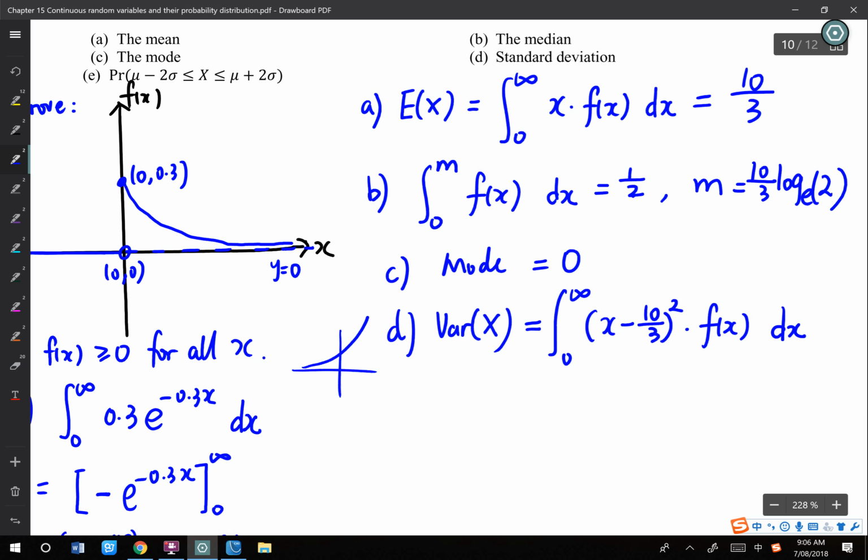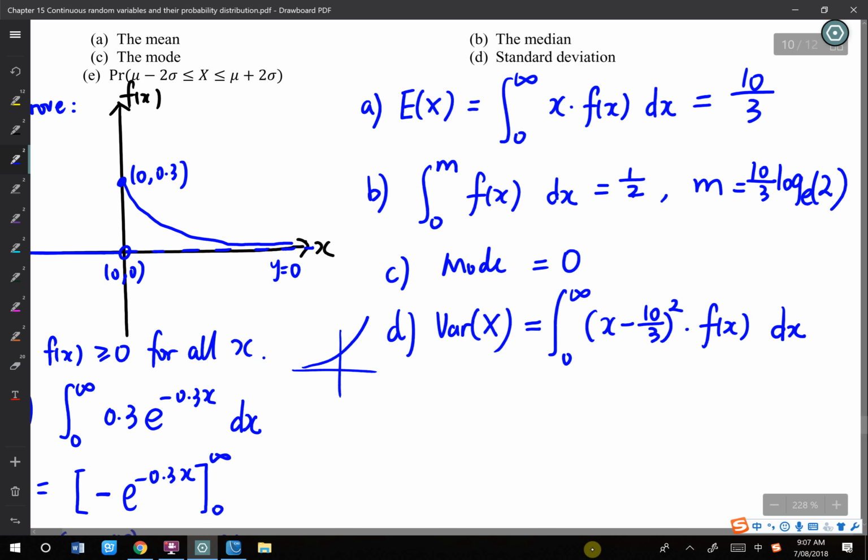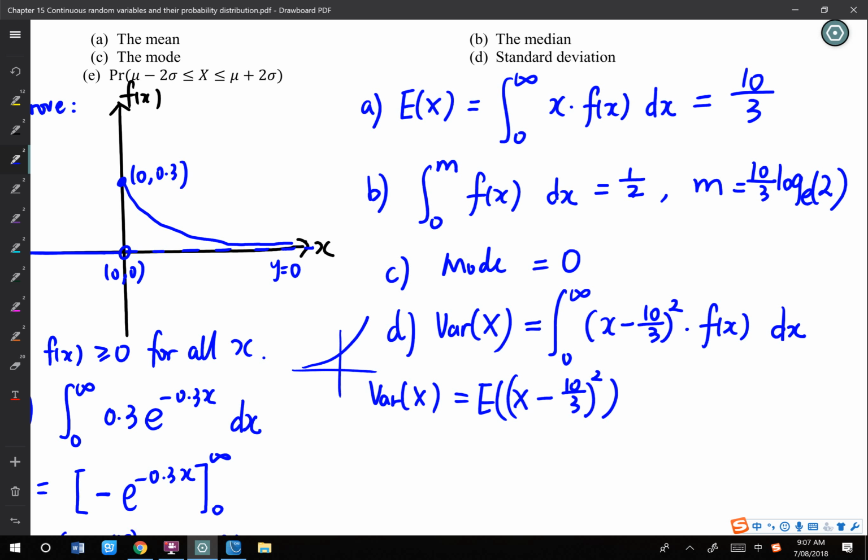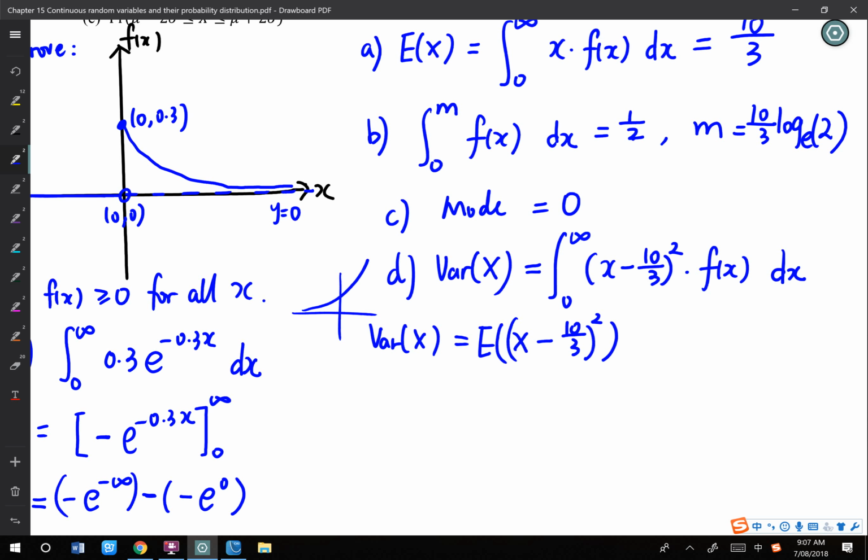That's the first way I can directly get the variance without finding the expected x squared. So it's x minus 10/3 squared, that's the gx. Variance x is the expected value of (x minus mu) squared, so I put gx times fx and I should have the value directly.